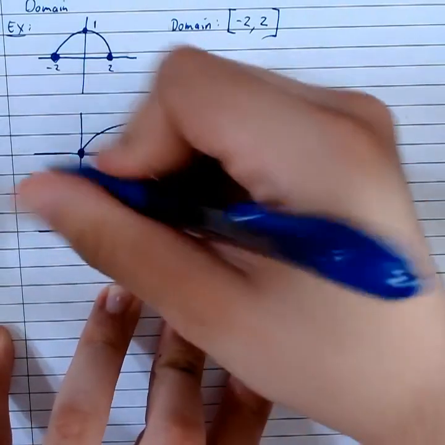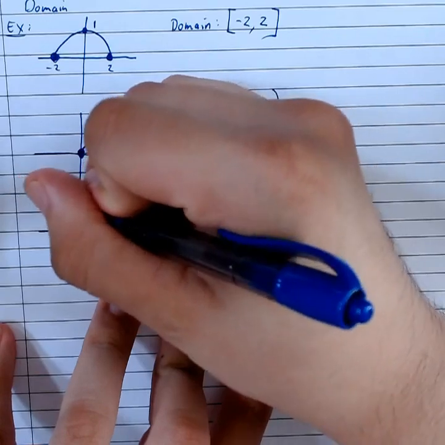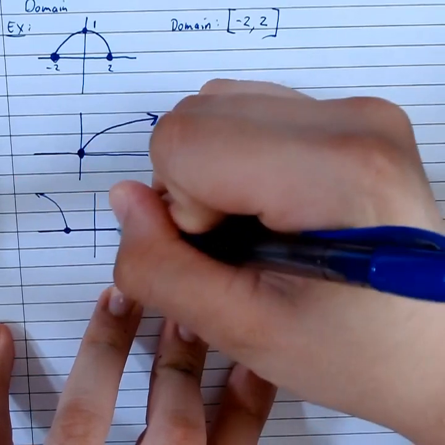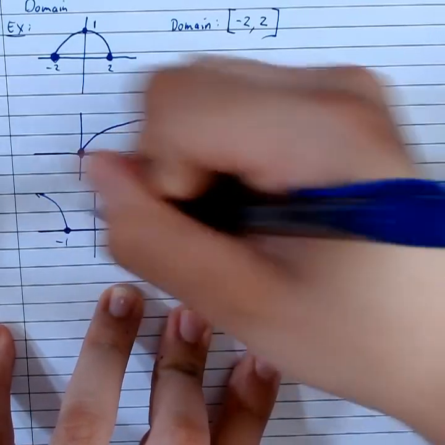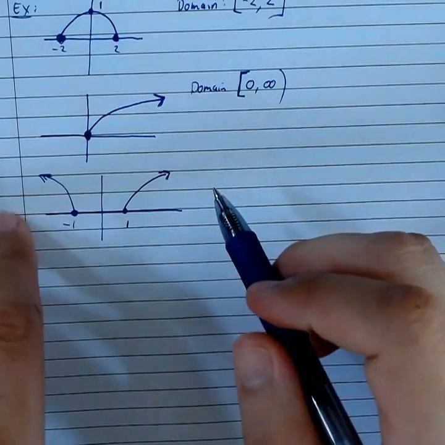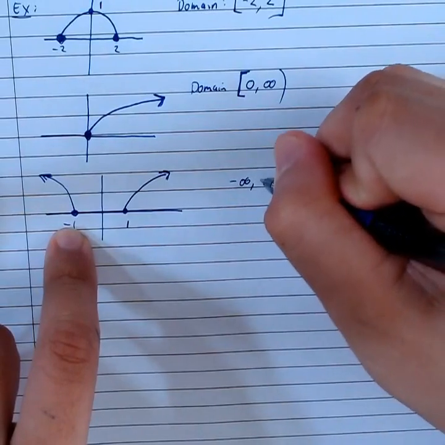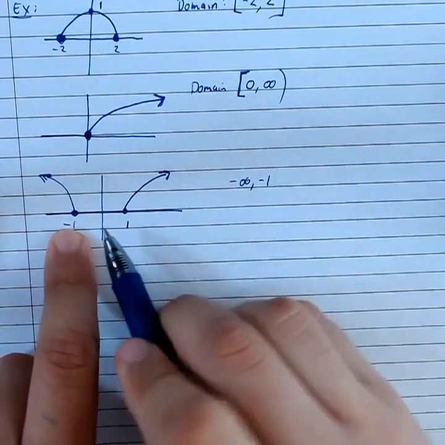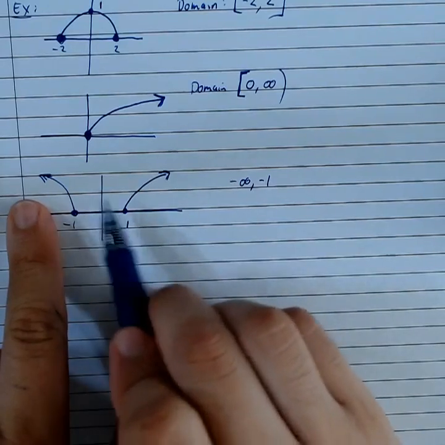Note sometimes you'll have a hole in your graph, maybe something like this. And let's say that's -1 and +1. Well, again, your graph goes from -infinity to -1. Now, I can't say it goes from -infinity to infinity because it doesn't include this piece.